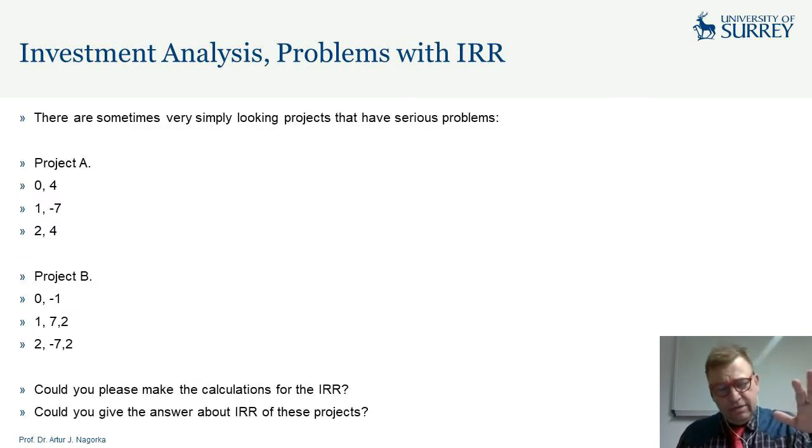But to make it a bit clearer, we have a simpler project. I have project A and project B. Project A in period 0 is 4, then it's 7, and then it's 4. And project B is -1, plus 7.2, minus 7.2. Could we make the calculations for the IRR?